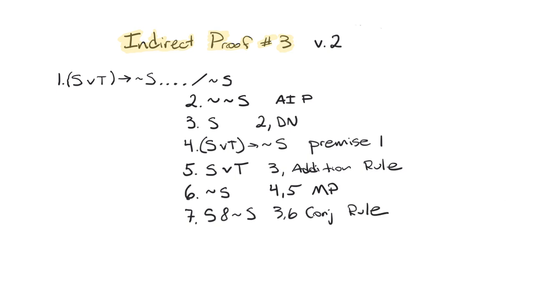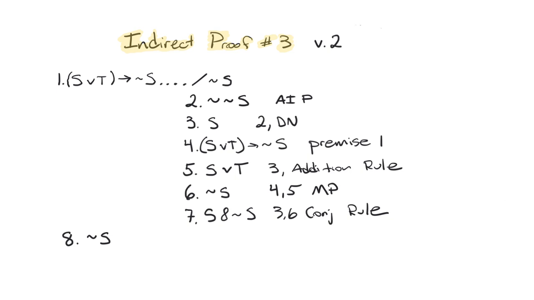So now that we've derived the direct contradiction that results from assuming the conclusion false, we can discharge the assumption, that indented portion of our proof, and bring it back out under the original margins. So line 8, we are showing that tilde S follows when we assume the opposite of that conclusion.